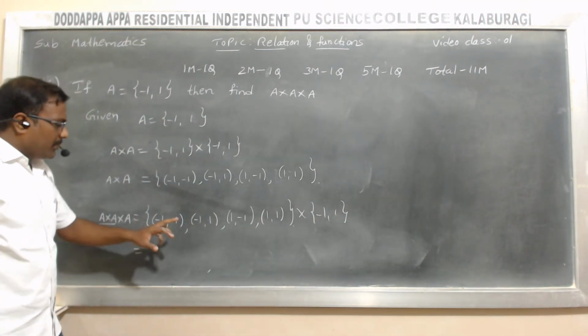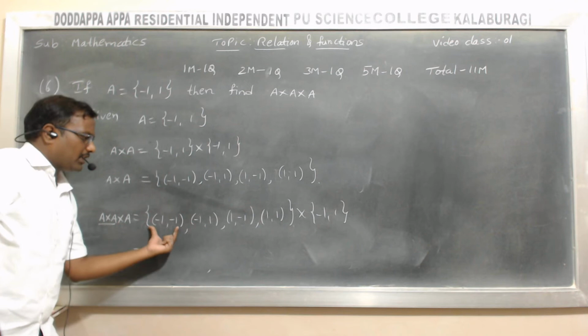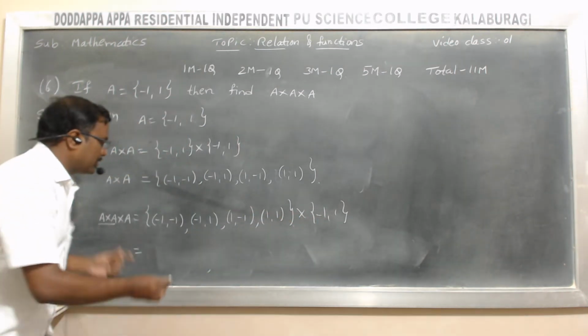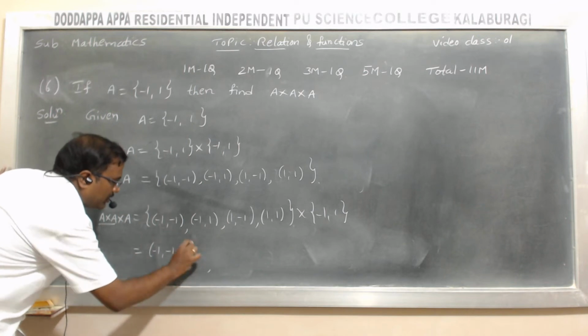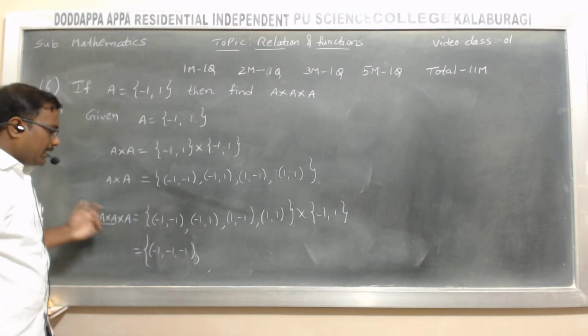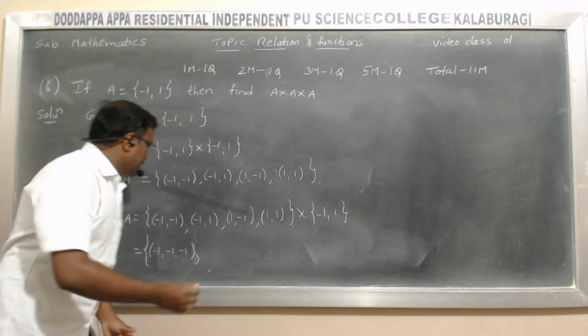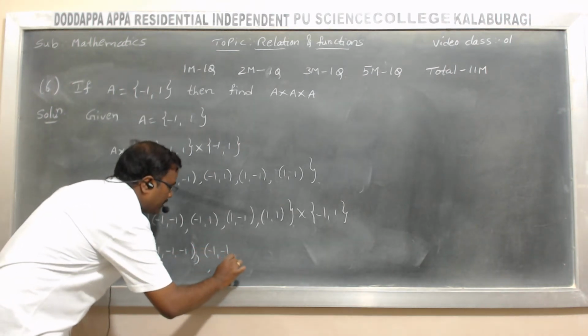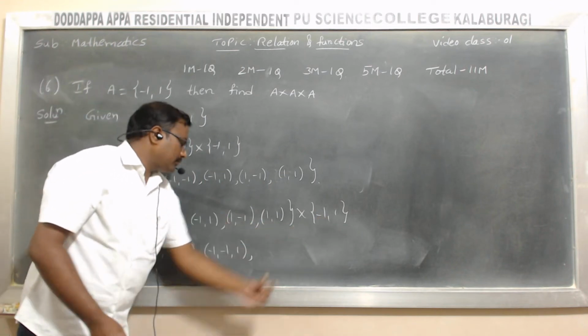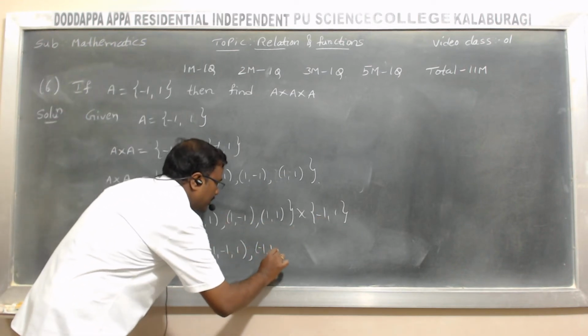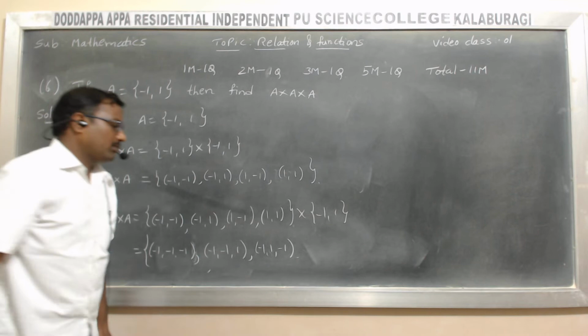By using Cartesian product, first element is related to first element, that is (minus 1, minus 1, minus 1). Next, first element related to second element, (minus 1, minus 1, 1). Next, second element is related to first element, (minus 1, 1, minus 1).